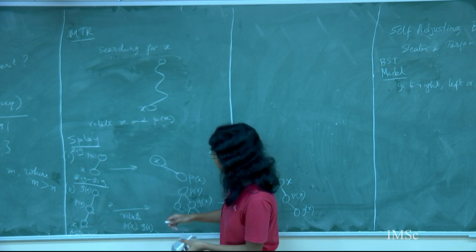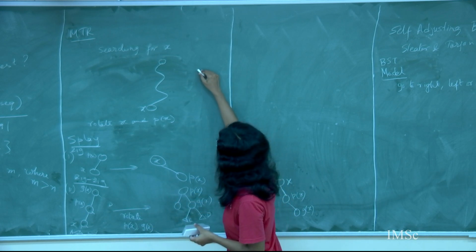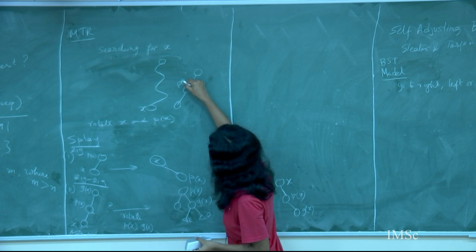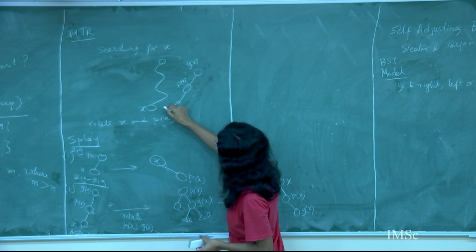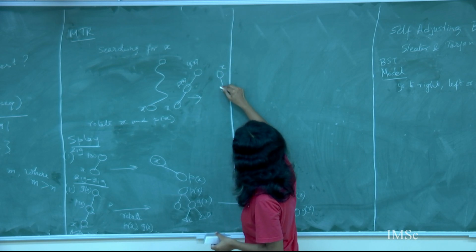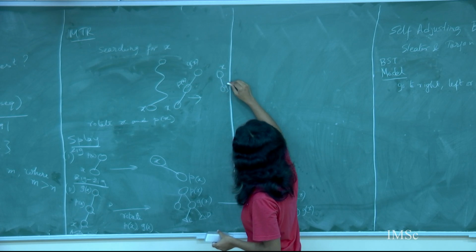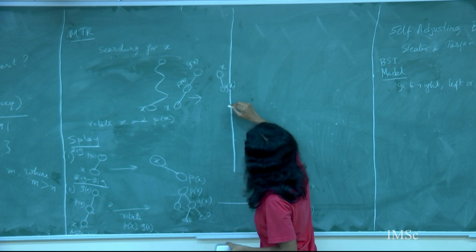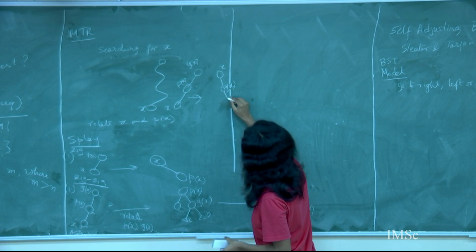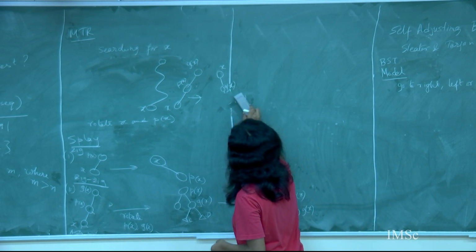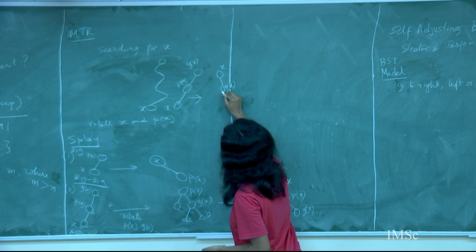So the final outcome of move to root of this step, if you had this, and this is p of x, this is g of x, and this is x, this would have been changed to x, g of x, p of x. P of x will be in left side of g of x.